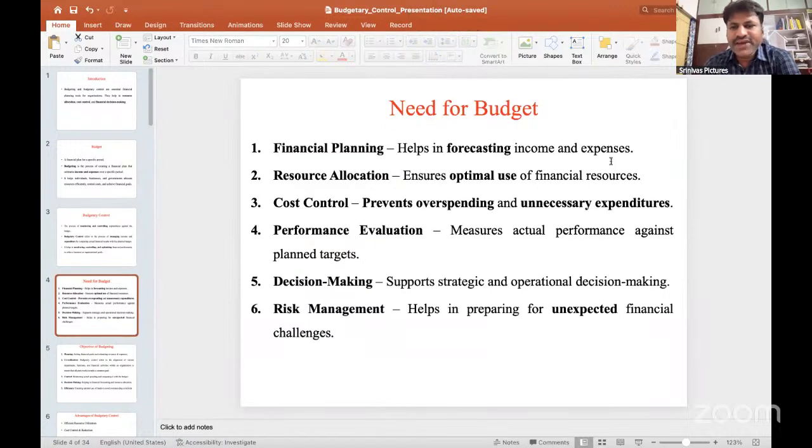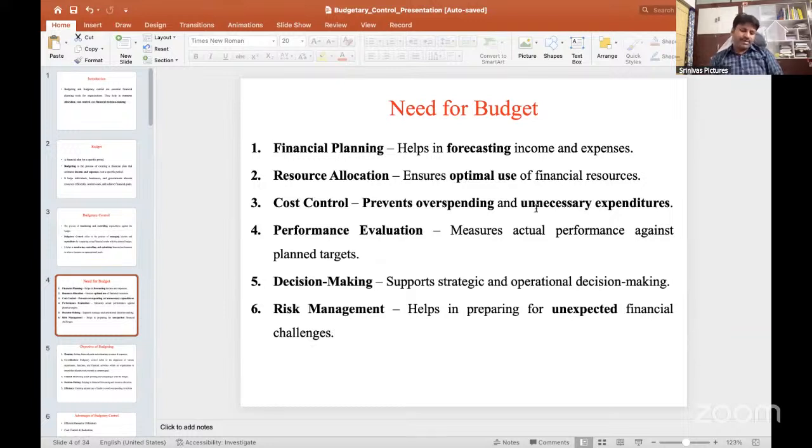So what is the need of budget? Budget is very essential for financial planning, and it also helps in forecasting income and expenses. The second point is resource allocation. It ensures optimal use of financial resources.